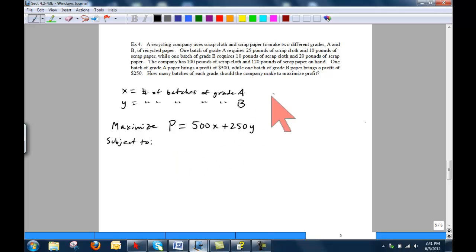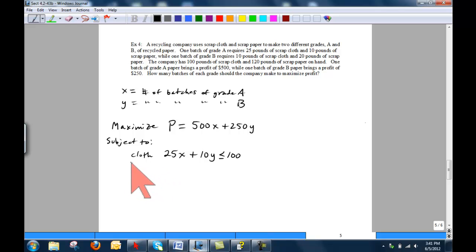constraints. We have scrap cloth and scrap paper to work with. So regarding the cloth, each batch of grade A requires 25 pounds. We have X batches, so 25X. Each batch of grade B requires 10 pounds, so plus 10. We have Y of those. And we can't use any more than 100 pounds of scrap cloth.